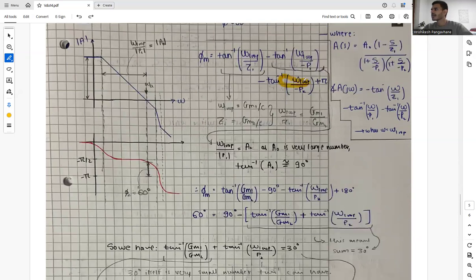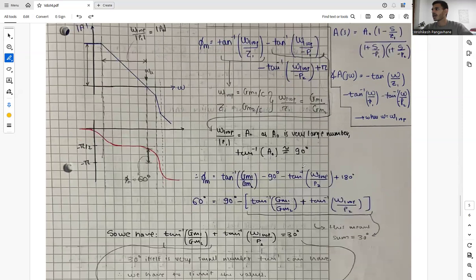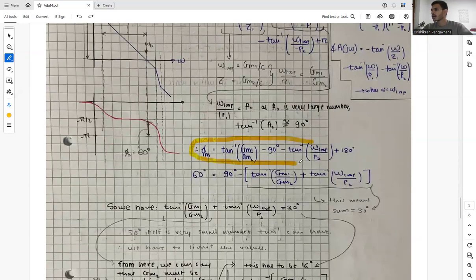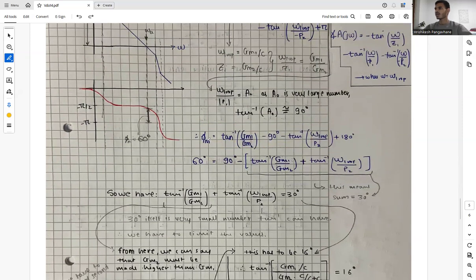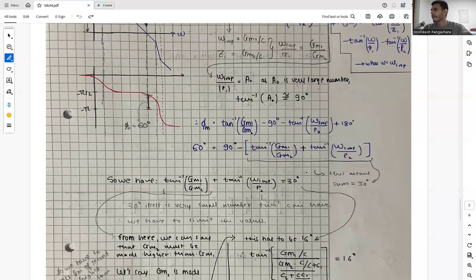Now we'll keep this part as it is, because we have P2 at some complicated frequency and complicated equation, and then we get our phase margin equation like this. Now let's say we have the requirement of 60 degrees phase margin. This 90 degrees separates out, and in the bracket we have two tan inverse terms, tan inverse gm1 by gm2 and tan inverse omega loop by p2.